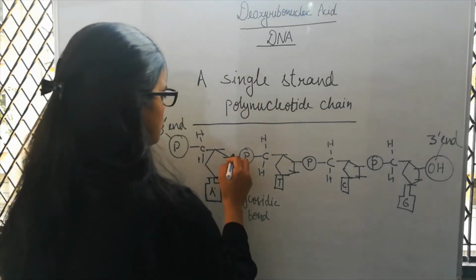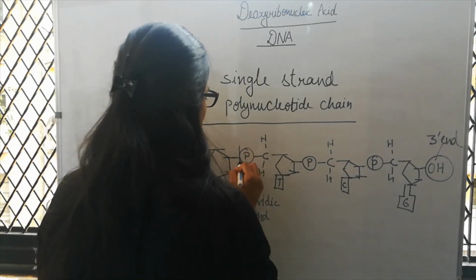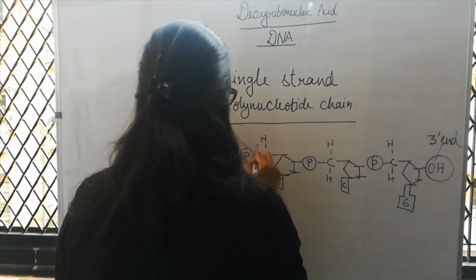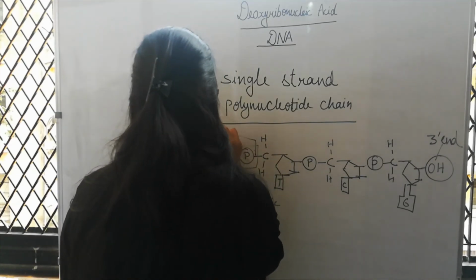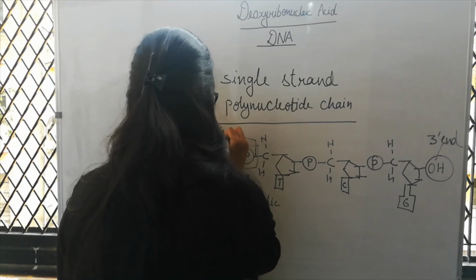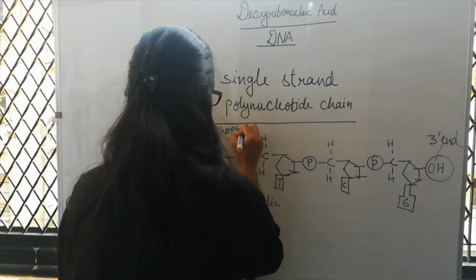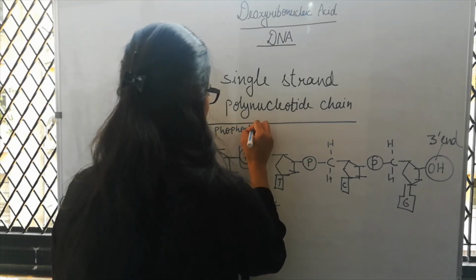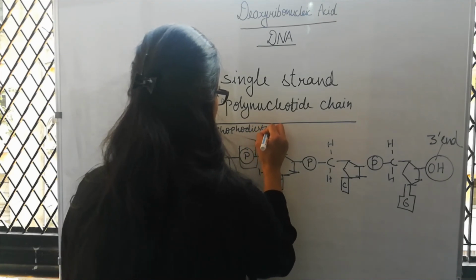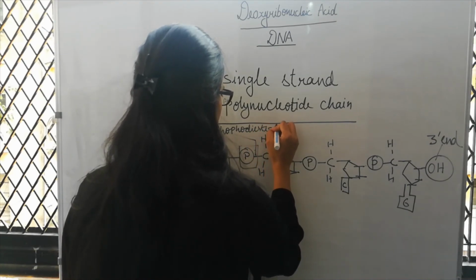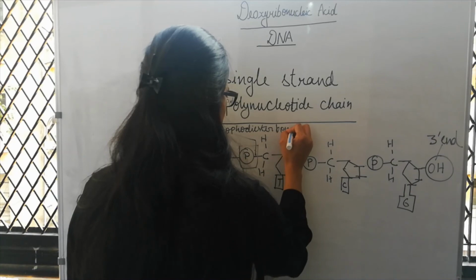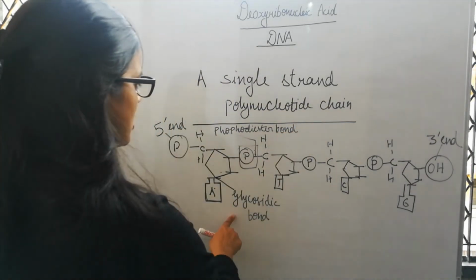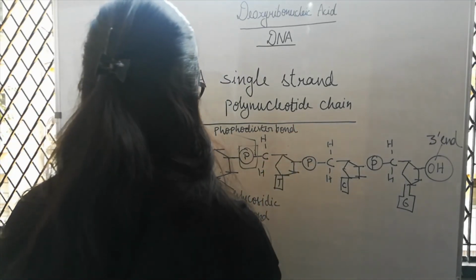And two sugars are attached by a phosphate group, and this bond is called phosphodiester bond. This is the glycosidic bond and this is the phosphodiester bond.